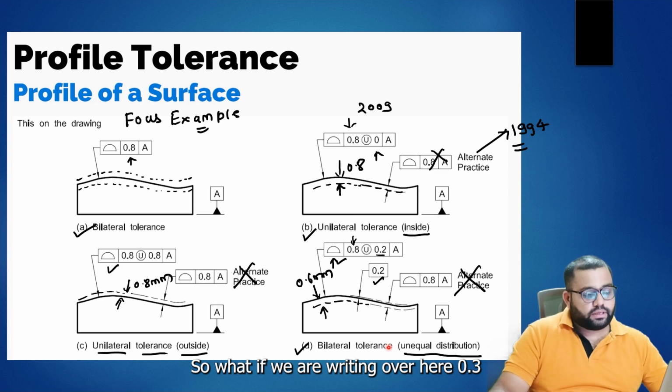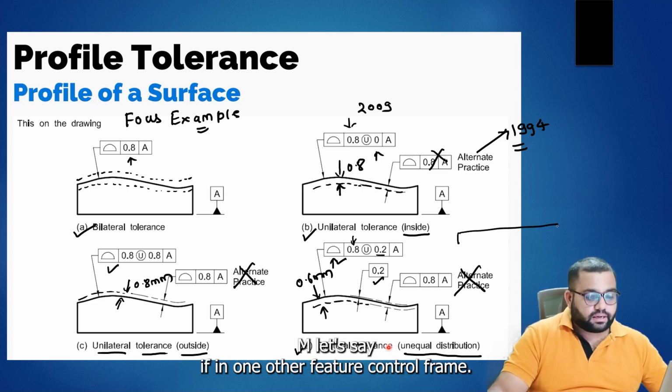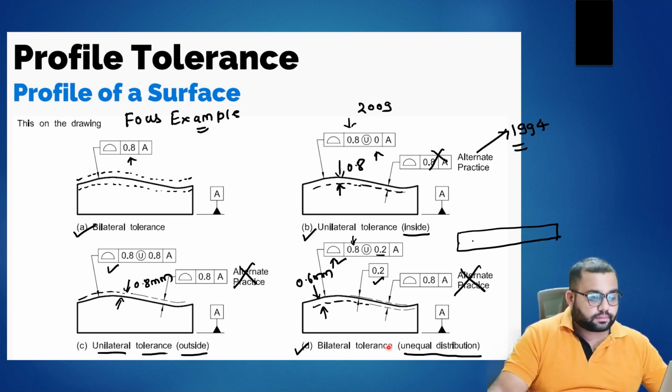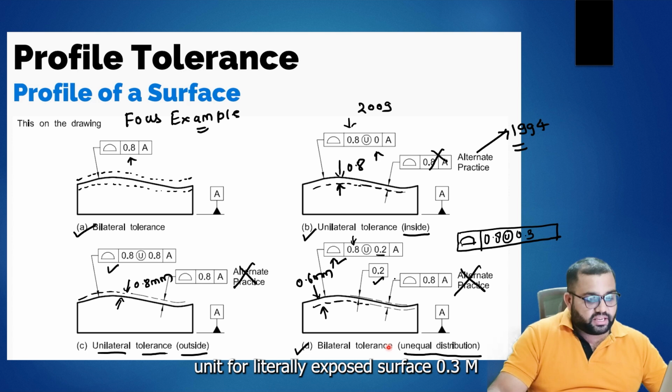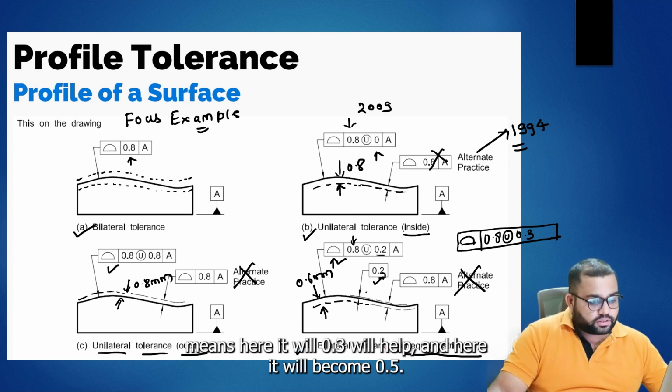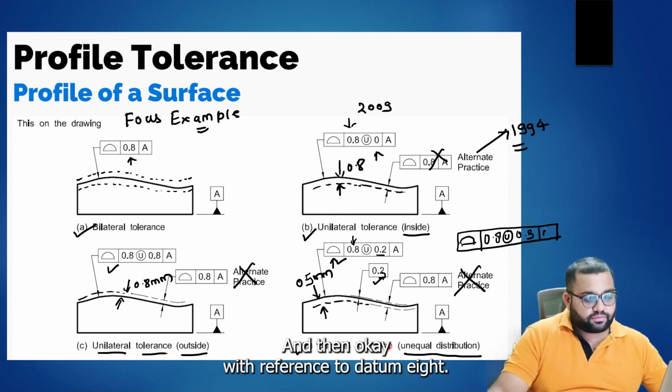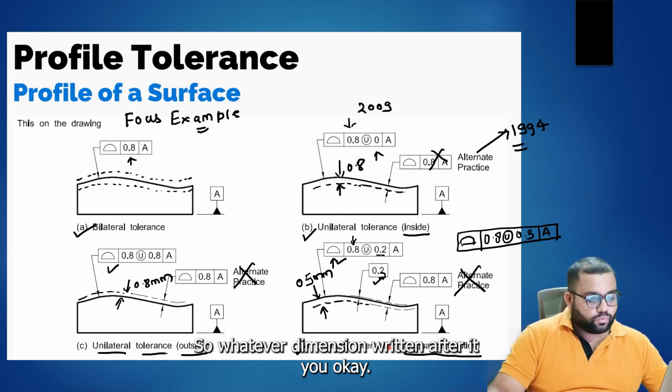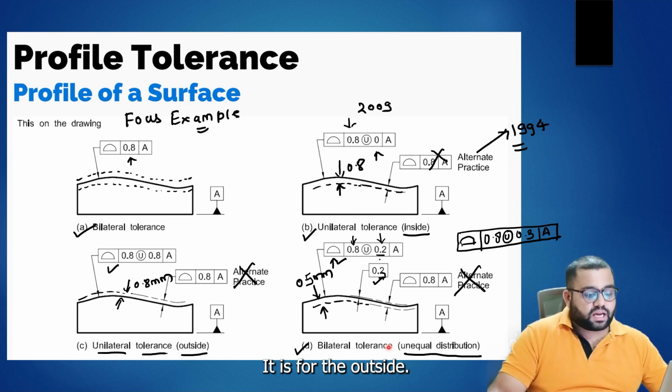So what if we write 0.3 mm over here? Let's say in one other feature control frame we write 0.8 total tolerance, unilaterally disposed 0.3 mm. Here it will be 0.3 outside, and here it will become 0.5 mm, with reference to datum A. So whatever dimension is written after U is for the outside.